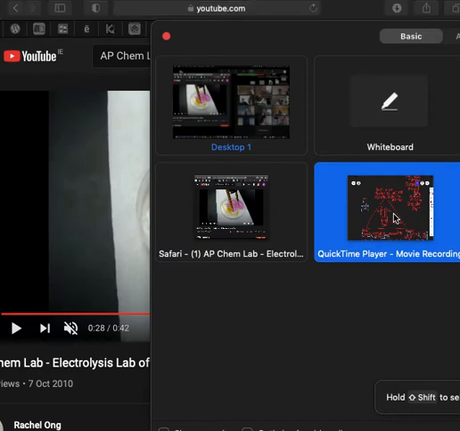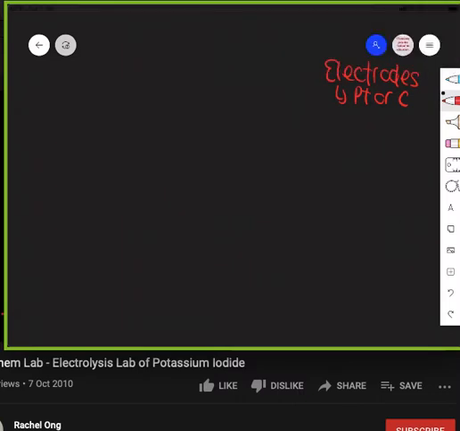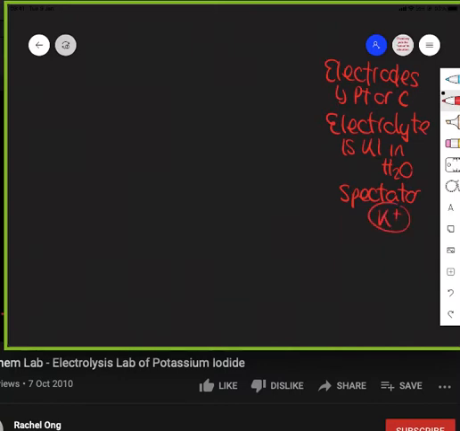So our electrolyte is KI, but it's in H2O. So we have all of these ions in there. And in this one, our spectator is going to be the K+, because there's not enough energy to make that get involved.